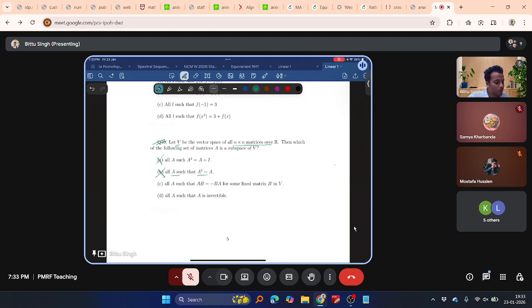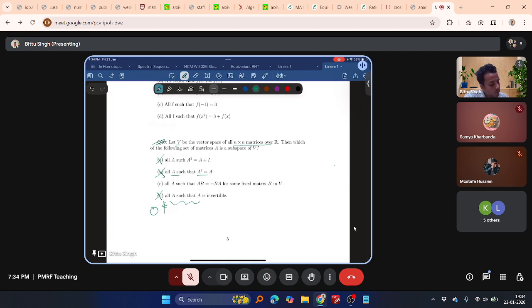Now, what about D, the set of all invertible matrices? Again, you can see that 0 is not invertible. So 0 does not belong to this set. So D is also false.